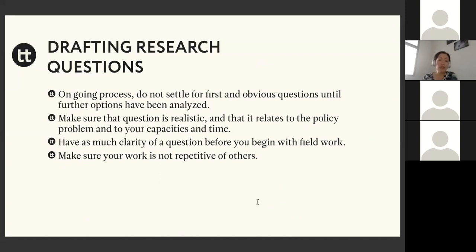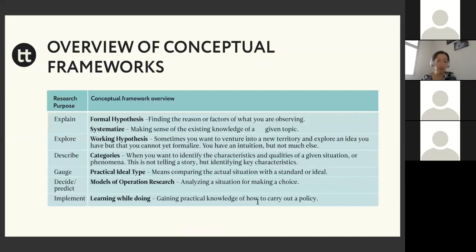And it's important to have as much clarity of this question before you begin any type of field work. And like I said before, we need to know what's already out there so we're not repeating what others have already been working on. So that is the first part of doing the research questions, and we already reviewed a little bit of this in the previous webinar, so I'm not going to stop there that much.